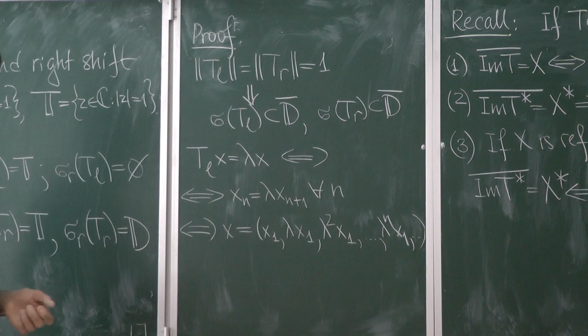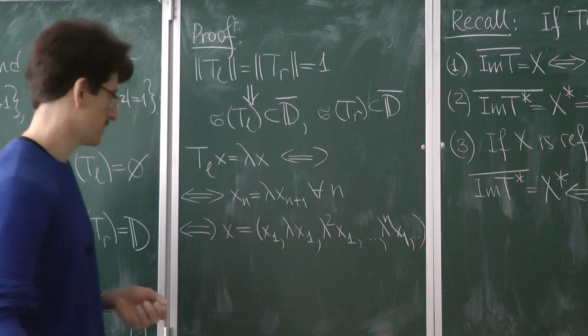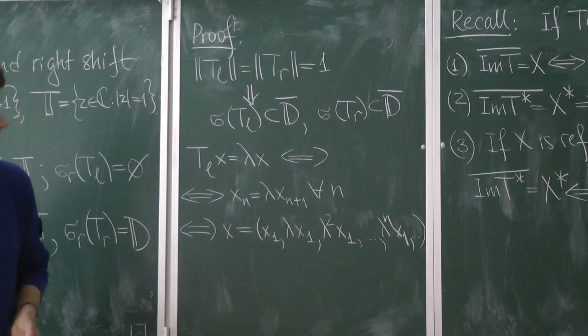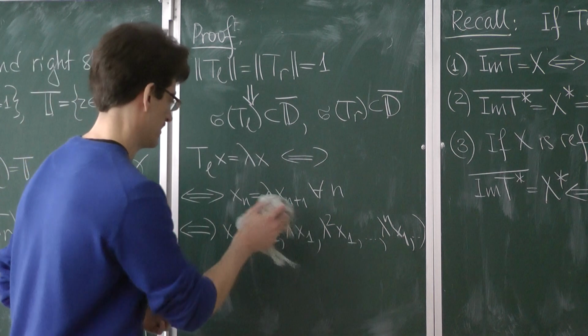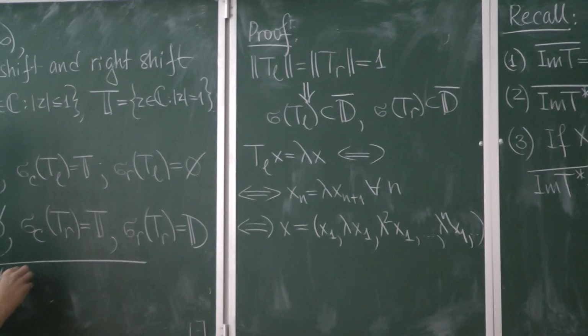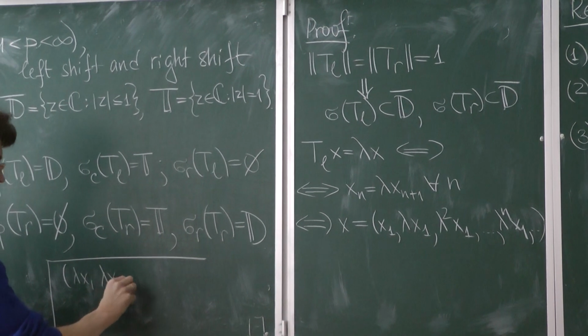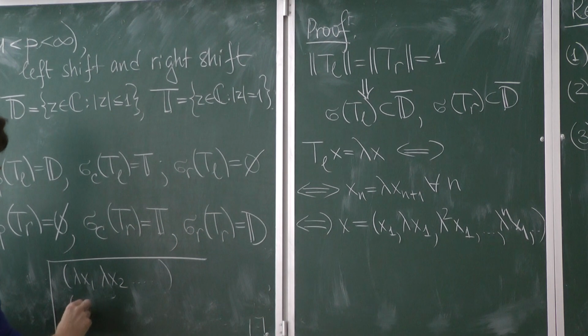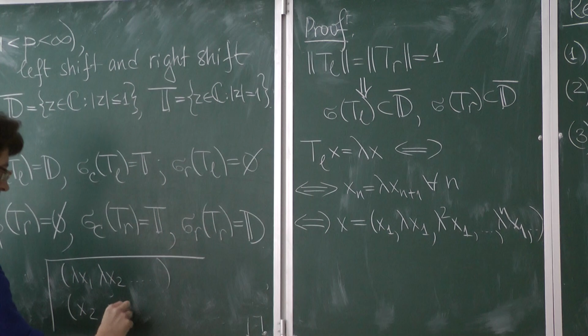Excuse me? What is wrong? Oh, thank you. Of course. So this is lambda x, and this is T_L of x.